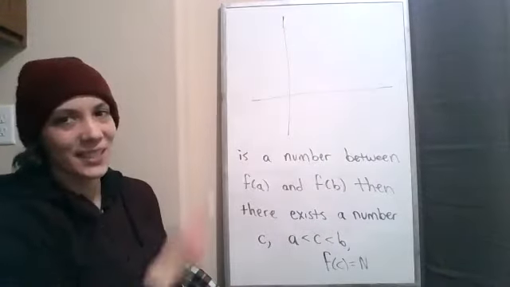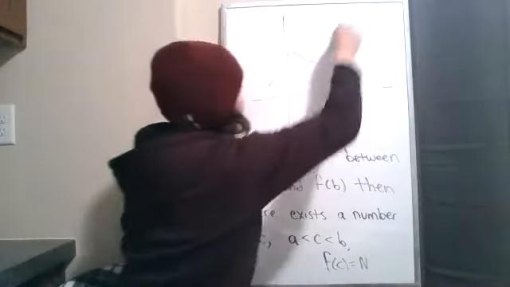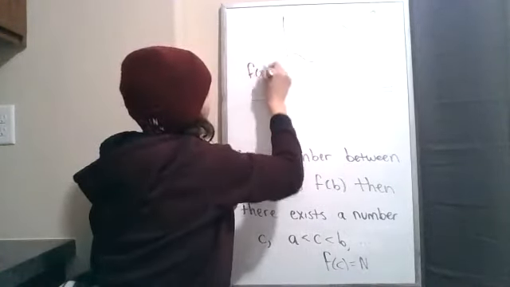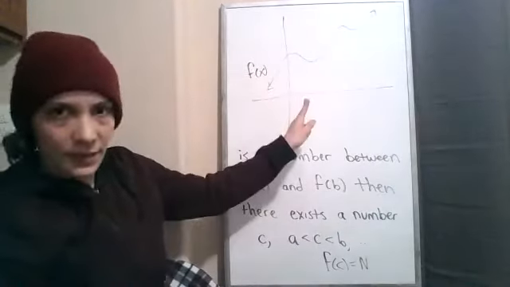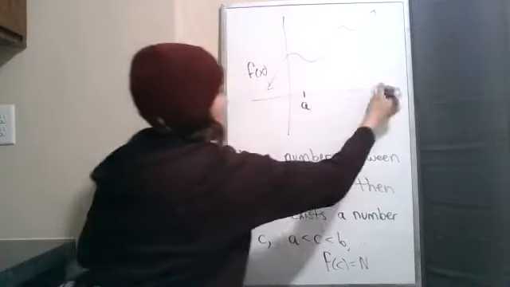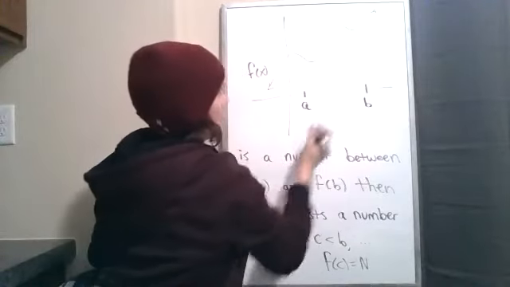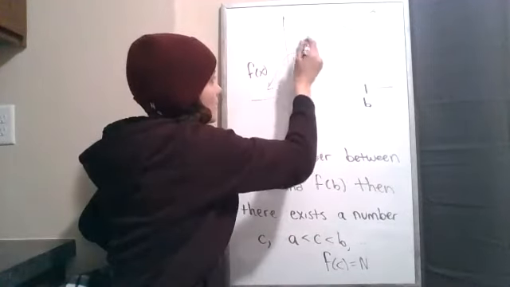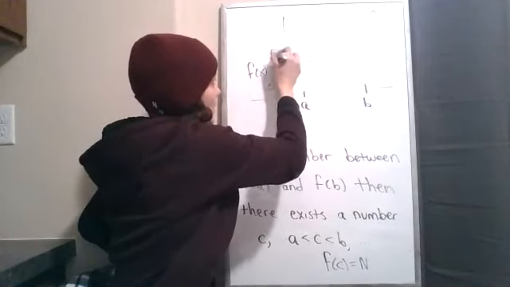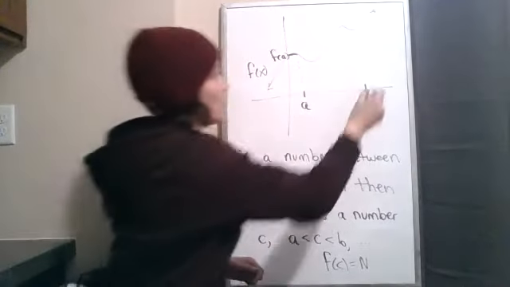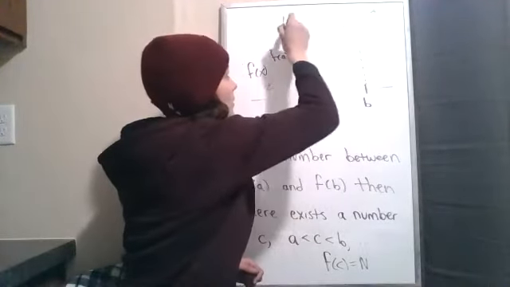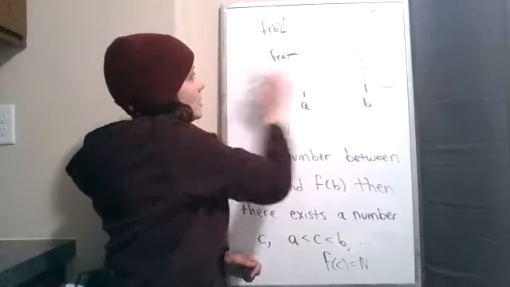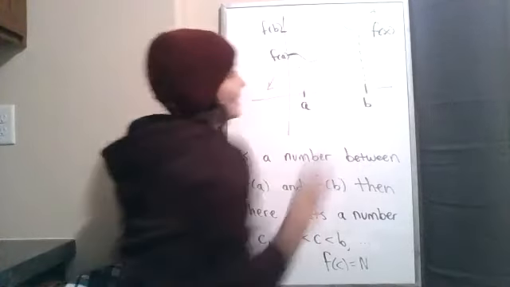Okay, our function is continuous. Let's do f like this. Let's put A. This here is f of A. This doesn't look very nice, so let's put it here.